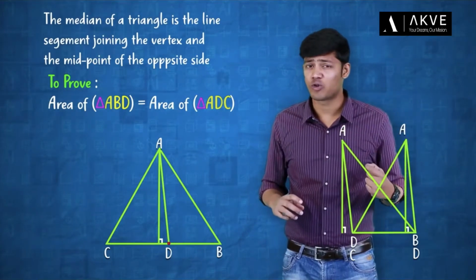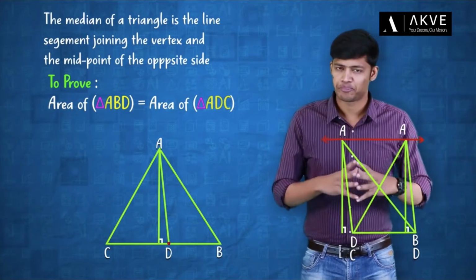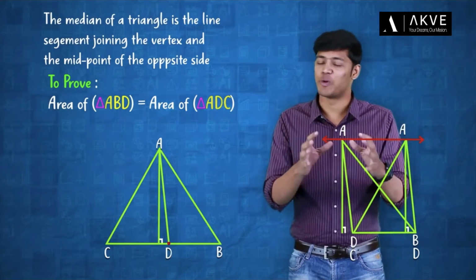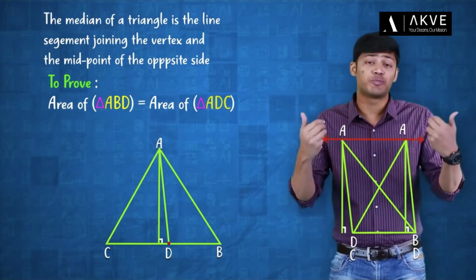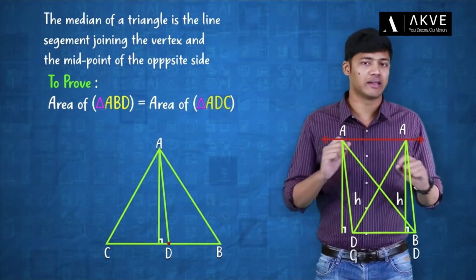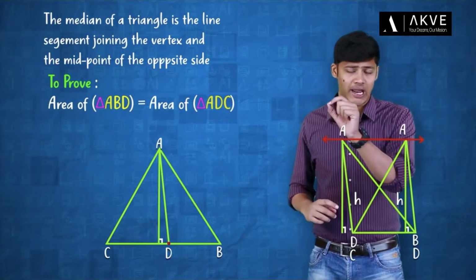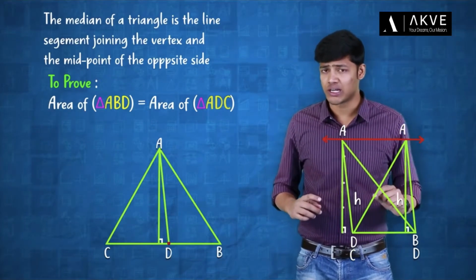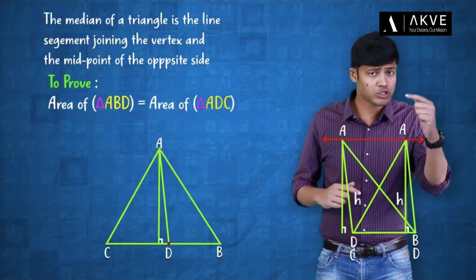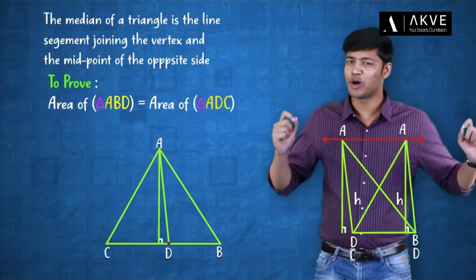Now, let's draw a line parallel to BC passing through A. We can clearly see that it will pass through the other A as well. Because as we proved earlier, the height is the same for both these triangles, which implies that the distance between this new line and the line segment BC will always be constant, which implies that these two lines are parallel to each other. So, what do we get now?